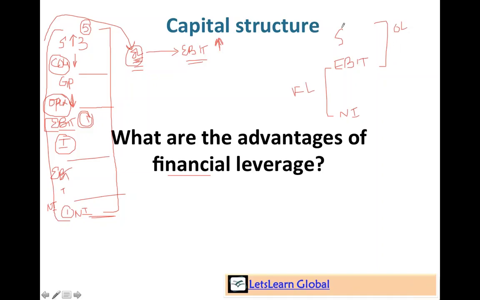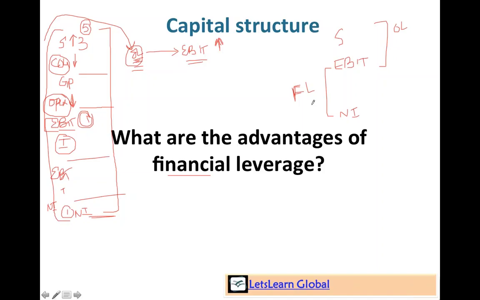Operating leverage is about your operations, how the operations are in your control, revenues are in your control, expenses are in your control. But financial leverage is related to your finance cost, how much you borrowed, at what rate of interest you borrowed, whether you had a good negotiation in borrowing or not, or you have lots of interest cost.